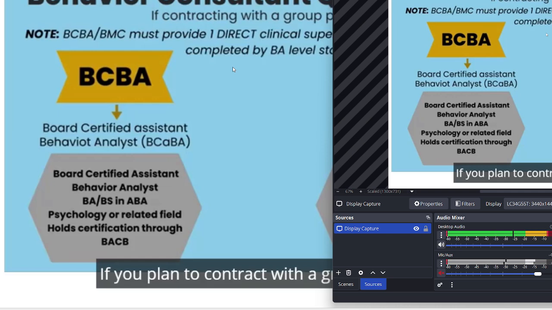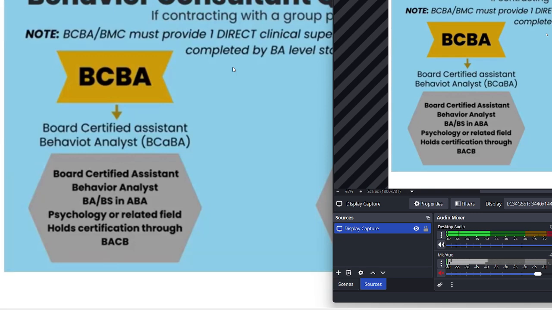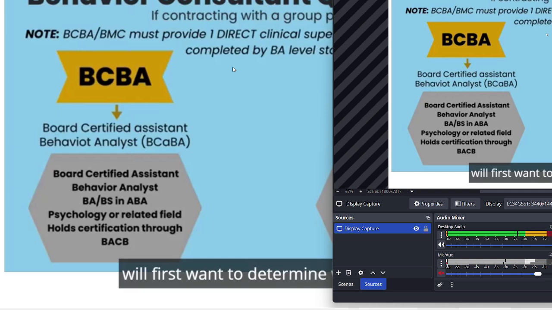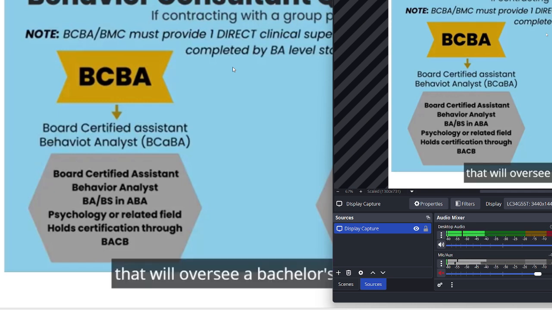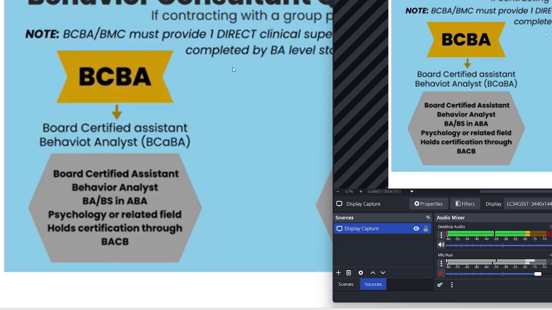If you plan to contract with a group practice or agency for your behavior consultation, you will first want to determine who is the either BCBA or BMC, behavior management consultant, that will oversee a bachelor's level staff.